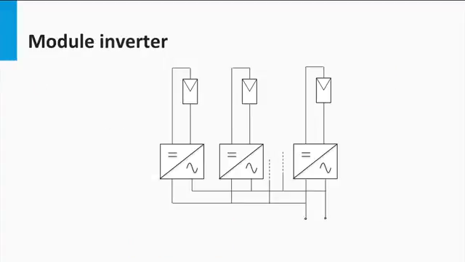Next, let's look at the microinverters or module level inverters. As the name suggests, each module has a dedicated inverter with a maximum power point tracker. Therefore, the topology is more resilient to partial shading effects as compared to the central inverter topology.